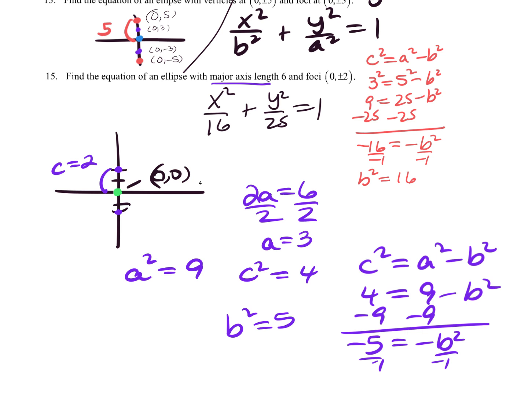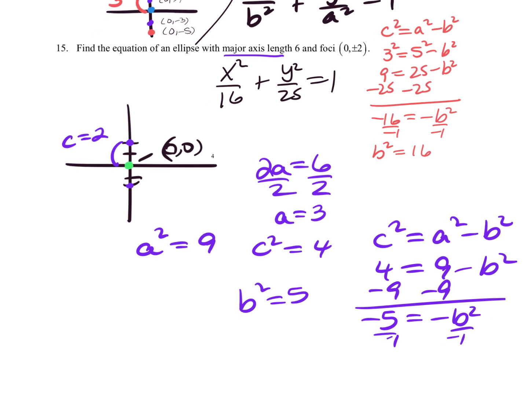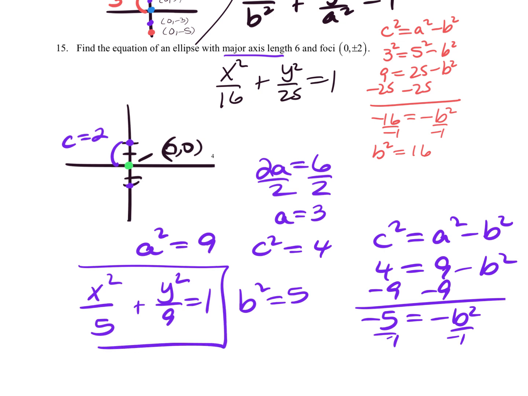Now notice my foci were vertical, so this tells me my a squared needs to be under y squared. So x squared, and it's going to get the b squared, y squared will get the a squared, and you set it equal to 1. And that's your last equation.